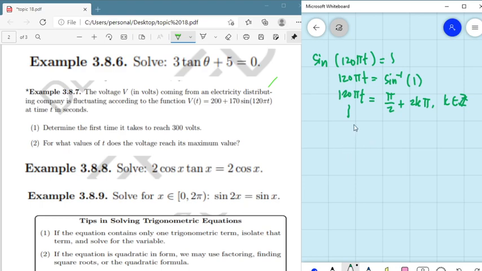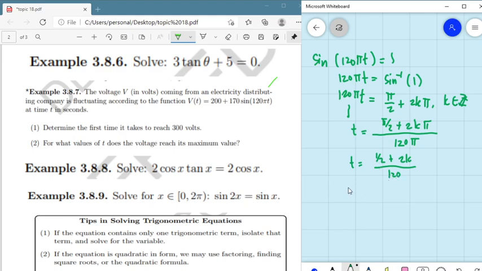And then to solve for t, we are going to divide this by 120 pi. So it becomes pi over 2 plus 2k pi all over 120 pi. Because every term has pi, we need to eliminate it. So therefore, t is equal to 1/2 plus 2k all over 120.